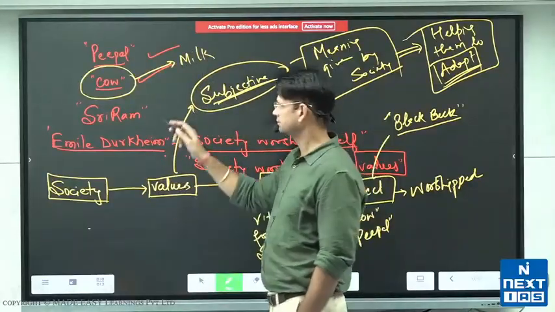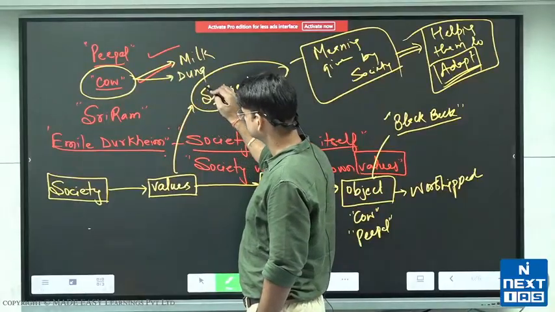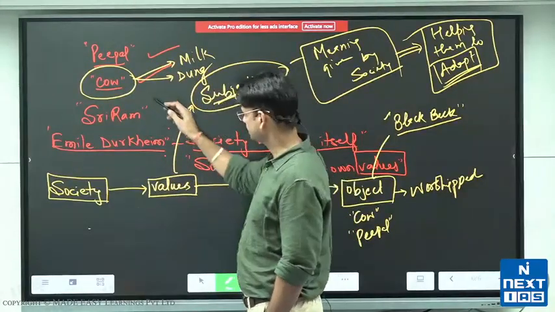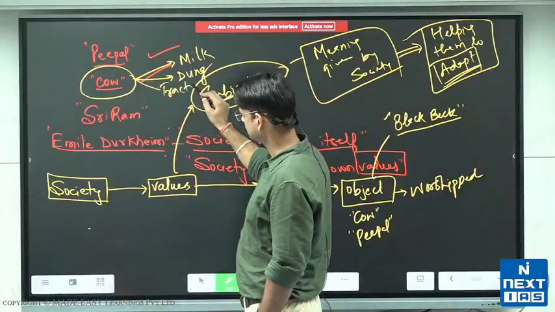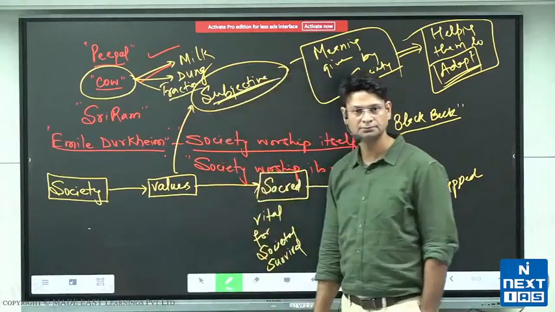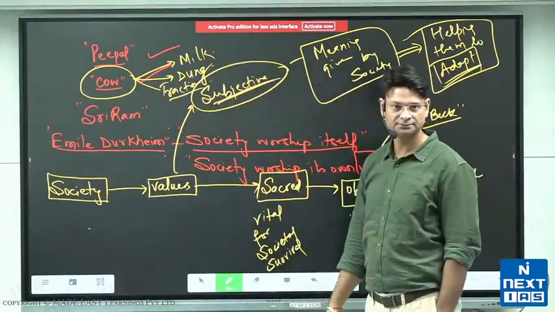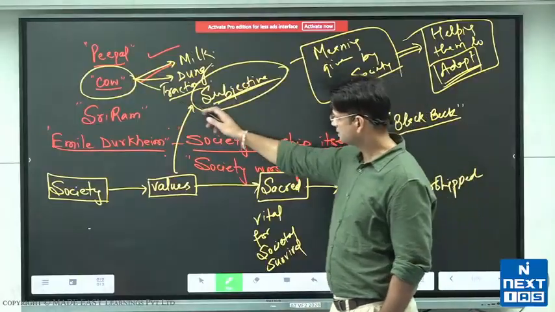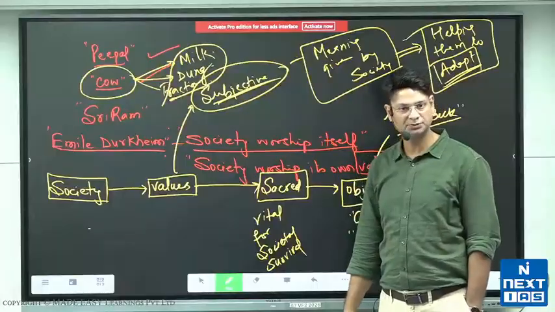If not milk, then it would give you dung. Right? And along with dung, labor, traction in the farm. So it would serve multiple purposes. Okay? And since it is serving multiple purposes, that's how it is being worshipped.